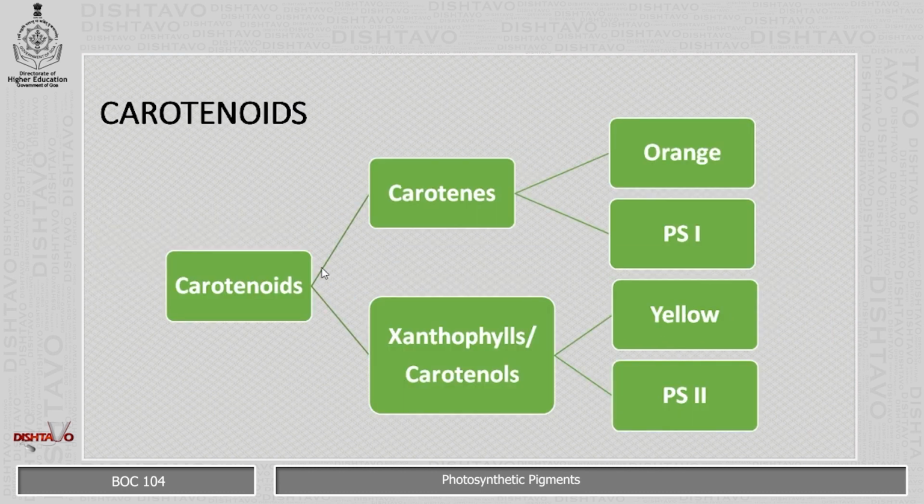We now move on to carotenoids. There are two types of carotenoids, carotenes and xanthophylls. Xanthophylls are also known as carotenols. Carotenes are orange pigments which are found in photosystem 1, and xanthophylls or carotenols are yellow pigments which are found in photosystem 2.